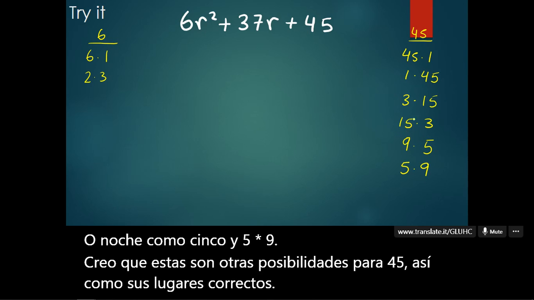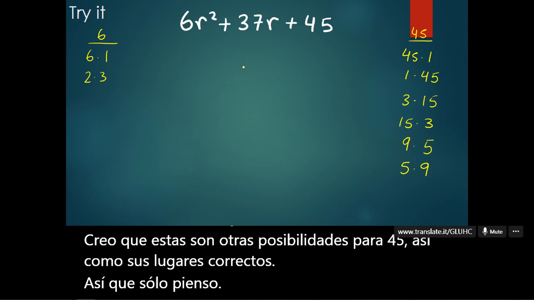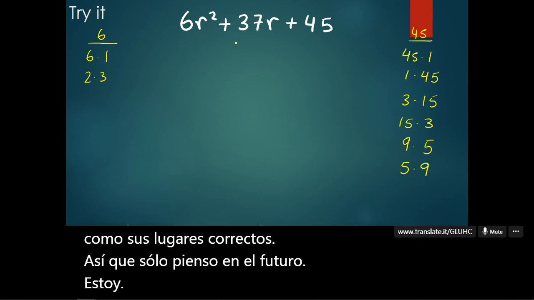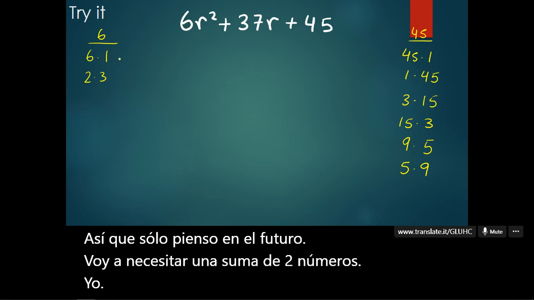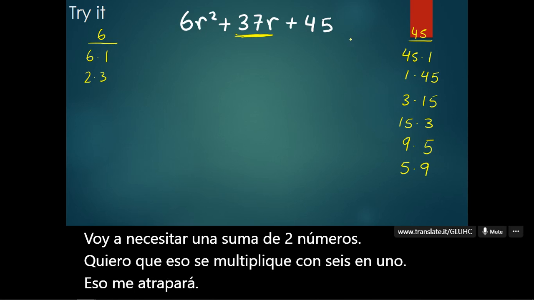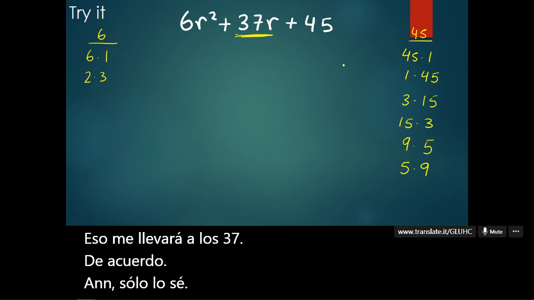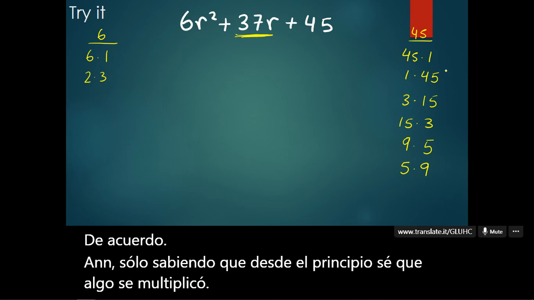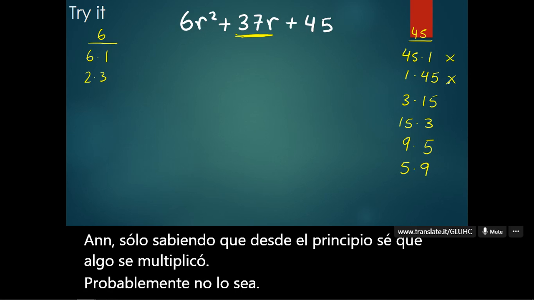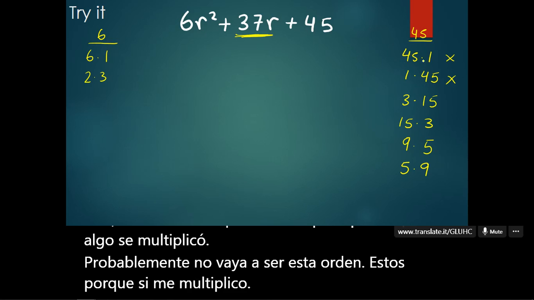I think these are all the possibilities for 45, as well as their correct places. So just thinking ahead, I'm going to need a sum of two numbers, one that multiplies with 6 and 1, that will get me to 37, okay? And knowing that from the beginning, it's probably not going to be this or these, because if I multiply 6 times 45, that's a really big number.